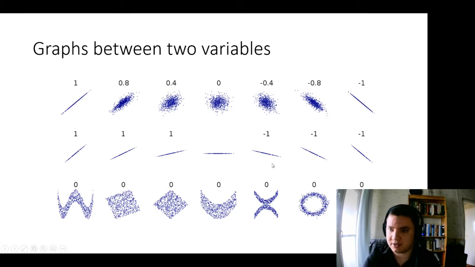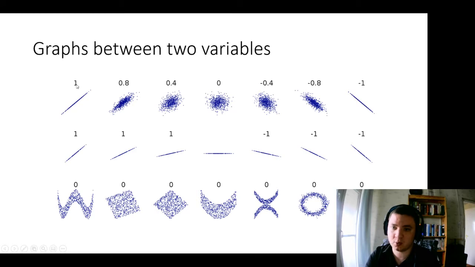And here are the ideal graphs between two variables. This is the number of the correlation coefficient.